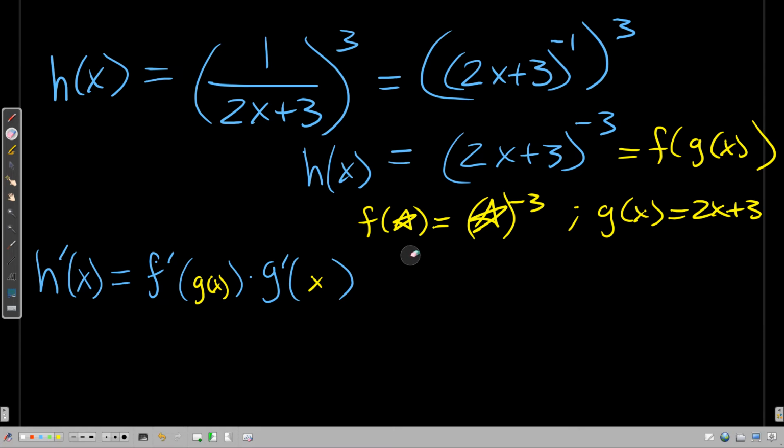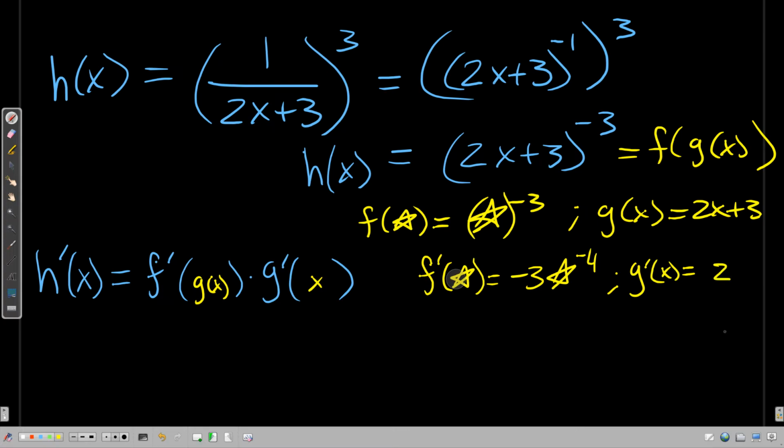And I know f prime, right? f prime of star has got to look like minus 3 star to the minus 4. And g prime has got to look like 2. It's always 2.